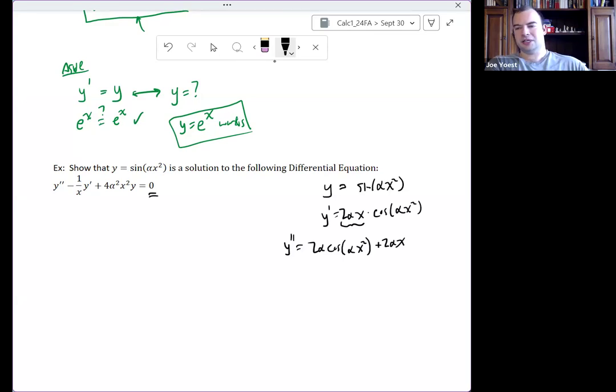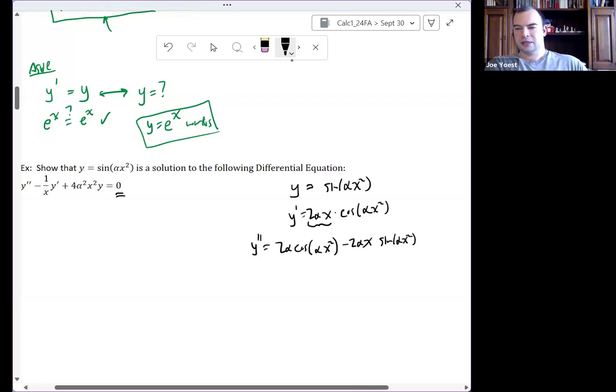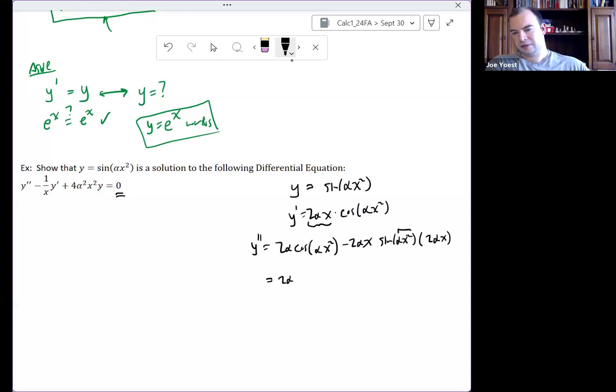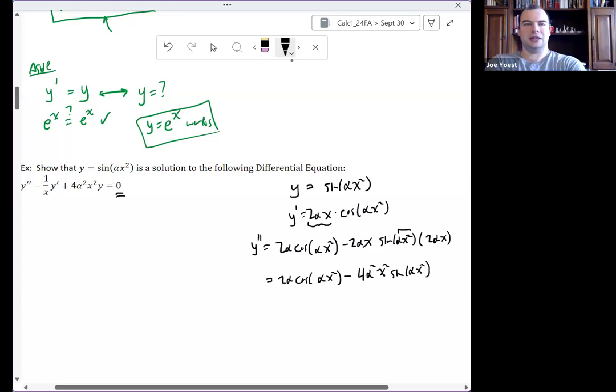The derivative of cosine of stuff is negative sine of stuff, and then times the derivative of stuff inside, times 2 alpha x. So what do I end up with? Two alpha cos alpha x squared minus 4 alpha squared x squared sine of alpha x squared.